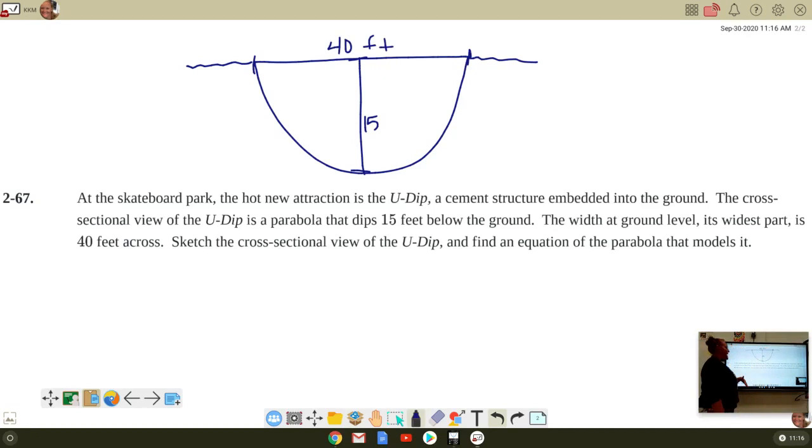Again, depending on how you want to set this up, do you want to start at the origin and go in the positive direction, or do you want to use the y-axis as your vertex, which would be down here for this one, to write your equation? Now remember, this one is a right side up parabola. Keep that in mind when you're writing your equation.